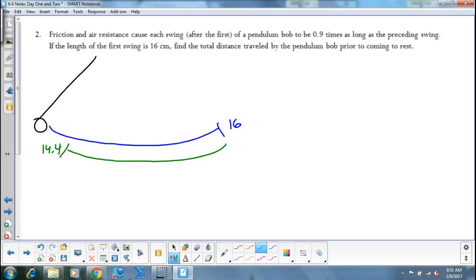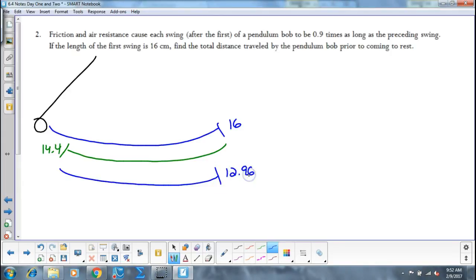Then it's going to go back how far? 12.96. Then it's going to go back how far? 11.66. With me so far, right? Okay, so let's go to the right.